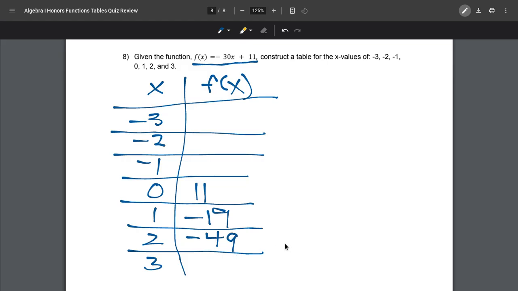And we subtract 30 again, which should be negative 79. I'm just checking myself here because I'm doing this in the evening. My brain is a little tired. If we go the other way, we're going to add 30. So we're going to do 41, 71, and then 101. And that's going to be our table for those values.